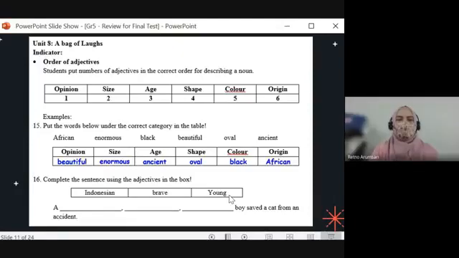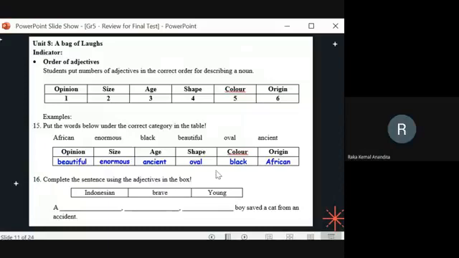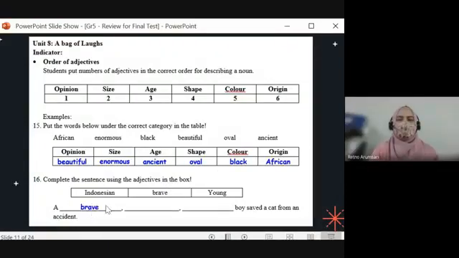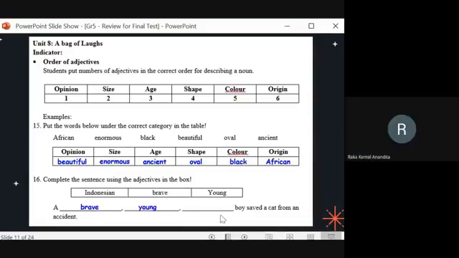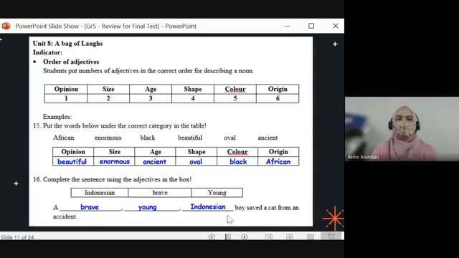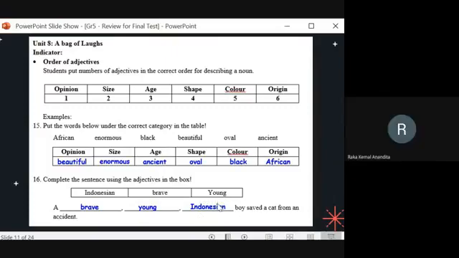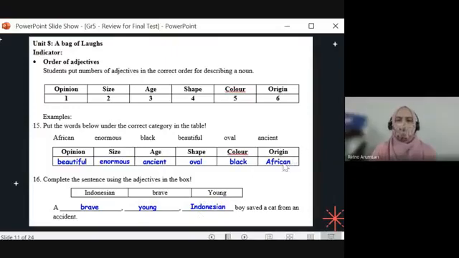Young is age. So which comes first? Brave, followed by young, then intelligent, followed by Indonesian. Brave comes first because it's an opinion. Young after that is an age. Indonesian is always the last one because it's origin. All right. Can I go to the next slide?